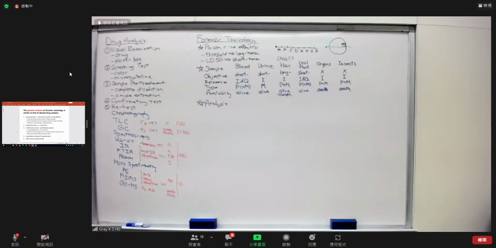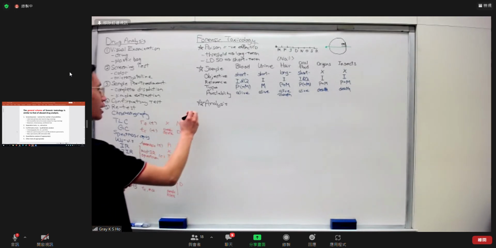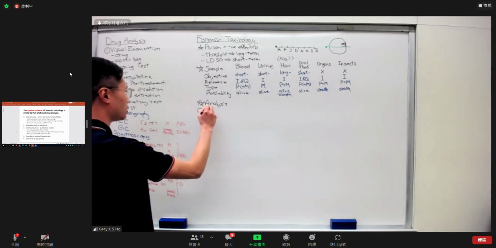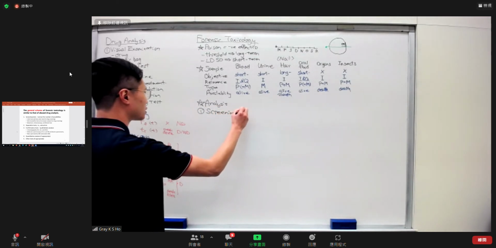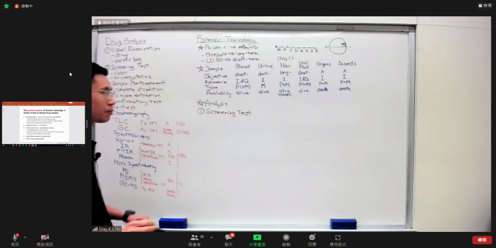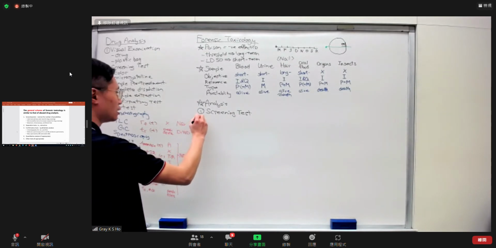Okay, so for the analysis right now, that is the poison analysis. If you are checking the general scheme, that is quite simple, or quite similar to the one that we have been talking about in the drug analysis. The first thing that we need is the screening test to narrow down the number of possibilities.